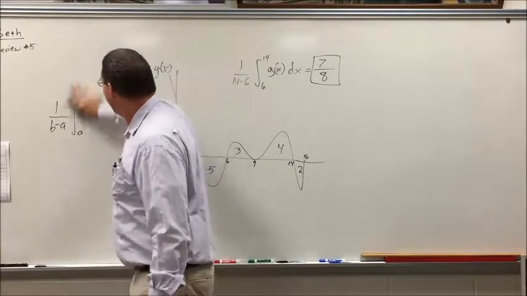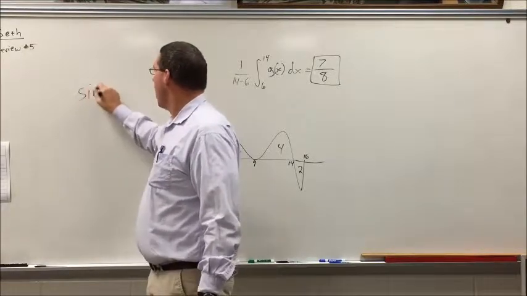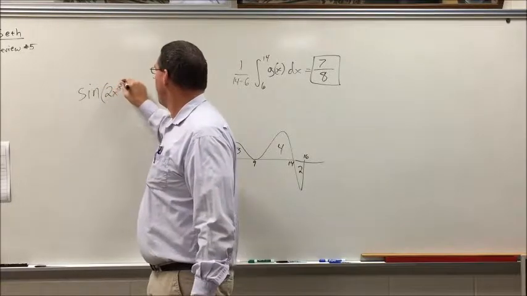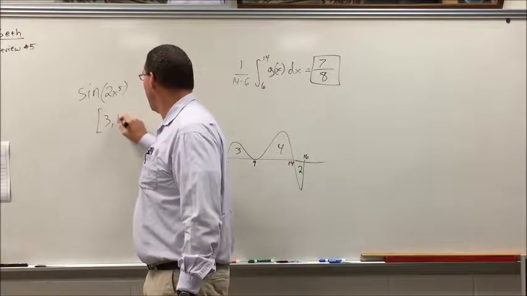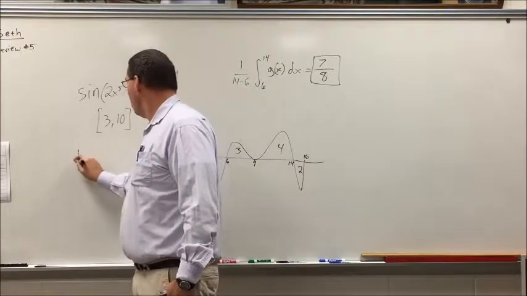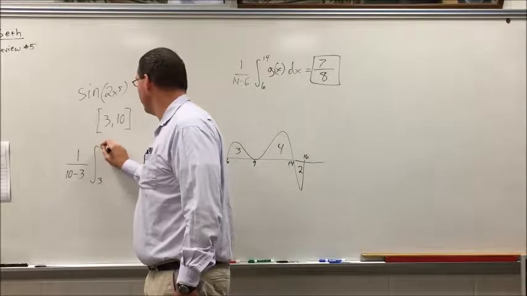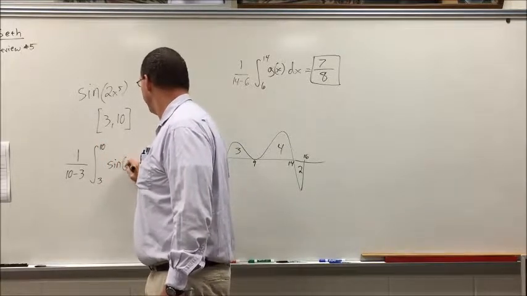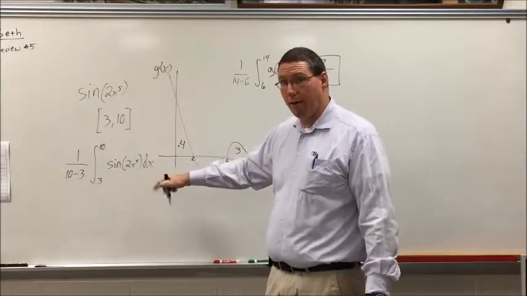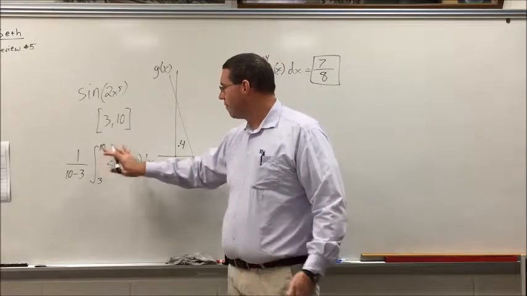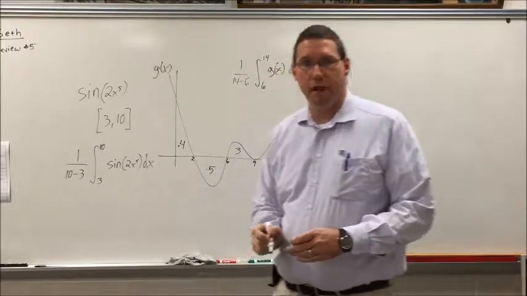So if we wanted the average value of sine of 2x to the 5th on the interval from 3 to 10, we would do 1 over 10 minus 3 times the definite integral from 3 to 10 of sine of 2x to the 5th dx. If you plugged this into a graphing calculator, it would give you the average value of sine of 2x to the 5th over the interval from 3 to 10. That's how you do an average value.